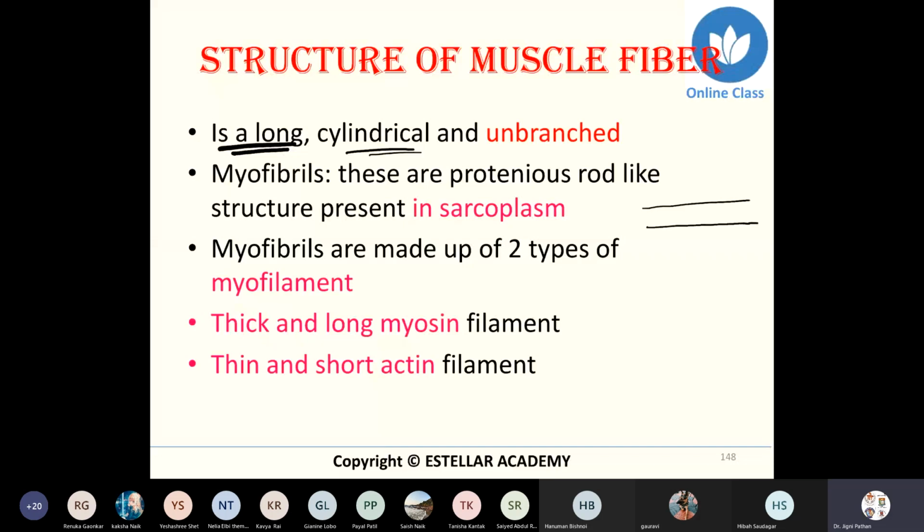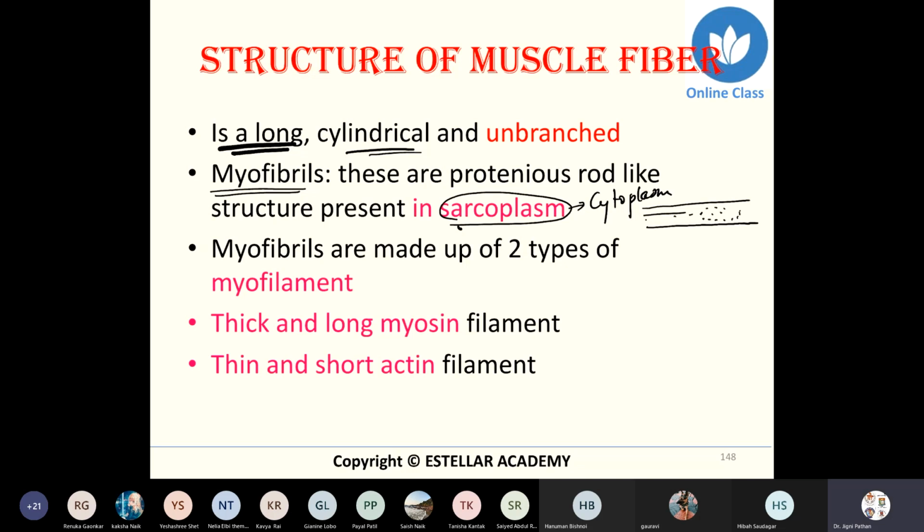This muscle fiber has myofibrils. So what are myofibrils? These are the proteinaceous rod-like structures present in the sarcoplasm. Sarcoplasm is the cytoplasm of the muscle. In the cytoplasm, you get protein fibers, rod-like structures called myofibrils.